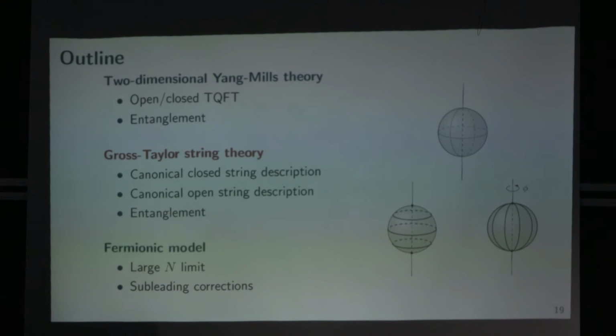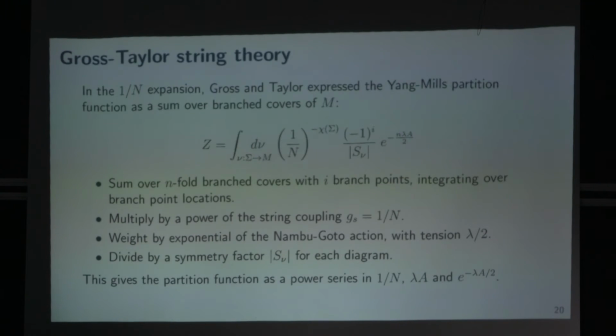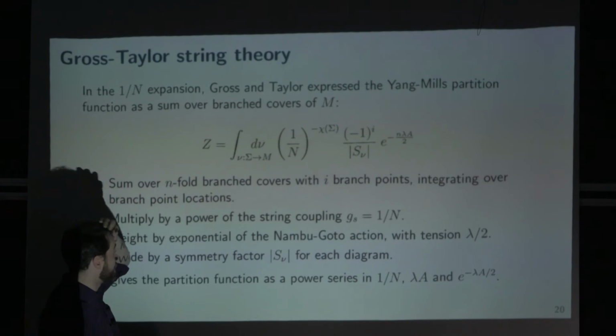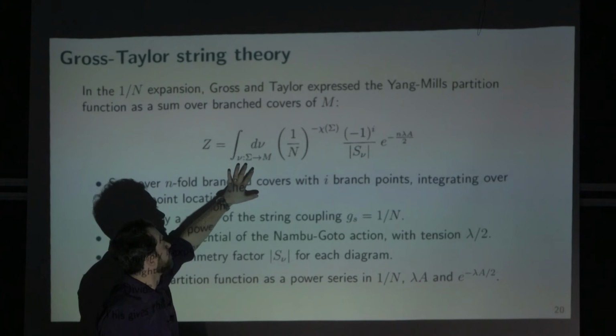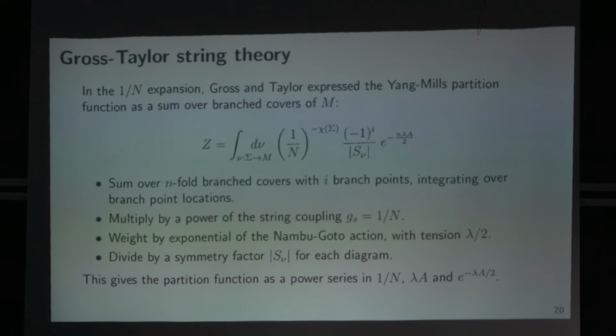So now I want to talk about the string theory description of this same calculation. The first thing that Gross and Taylor did was work at the level of the partition function and show that the Yang-Mills partition function could be written as a string-like path integral. If you take the two-dimensional Yang-Mills partition function at large N, you can rewrite it as a sum over maps from a world sheet sigma into a target space M. Those maps are branched covers with I branch points.